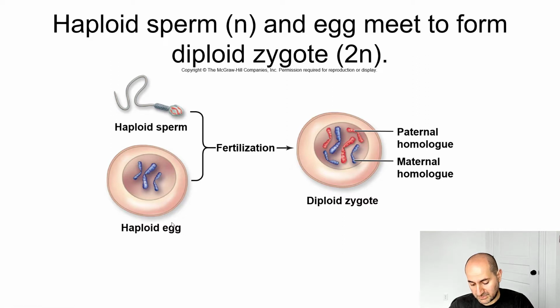The sperm and egg are the gametes, gamete cells, and they come together in a process known as fertilization to form a diploid zygote. The zygote, which means the fertilized egg, is diploid.